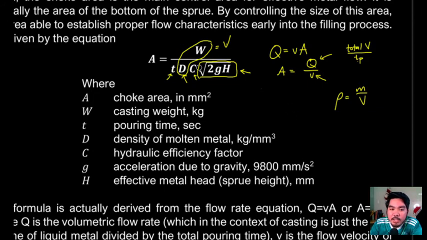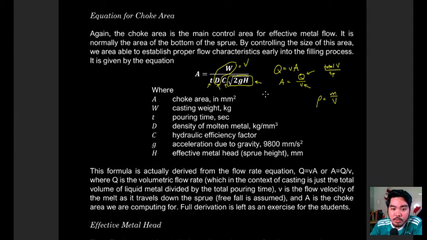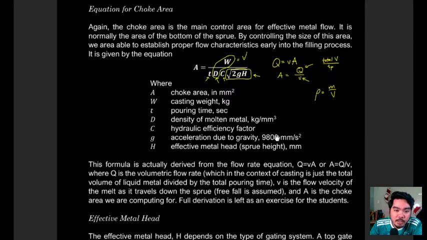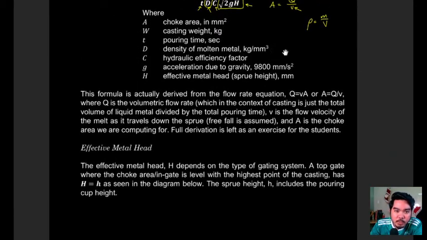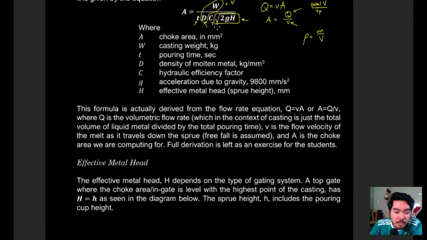Okay? So etong efficiency factor, again, because in the real world it's not 100%, no? So kaya mag-input tayo ng efficiency factor. Okay? So try to solve it on your own, no? Try to get the full derivation kung paano natin makukuha tong choke area calculation na to from just the flow rate equation Q equals VA. Okay?